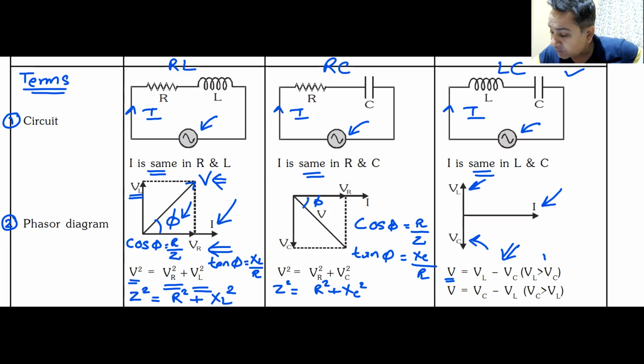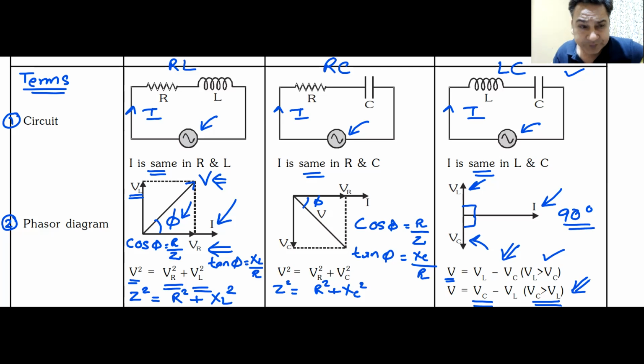If VL is more than VC, the upper VL is more than the lower VC, so the total voltage will be written as VL minus VC. If VC is more than VL, then the total voltage will be VC minus VL. In any case, the angle between voltage and current would be 90 degrees.